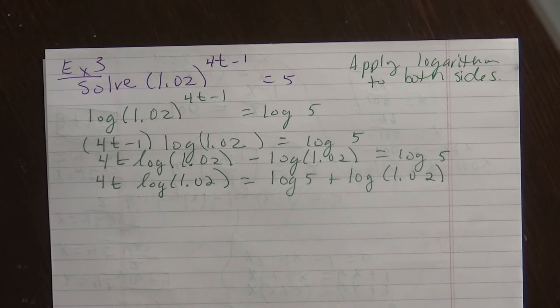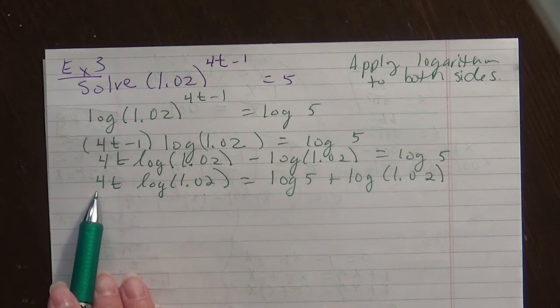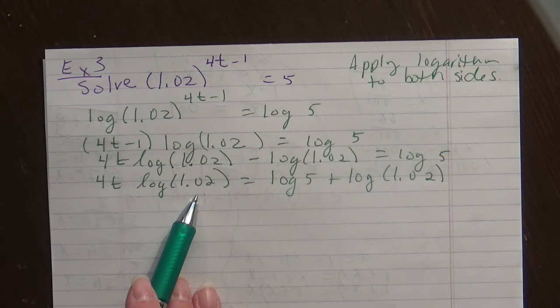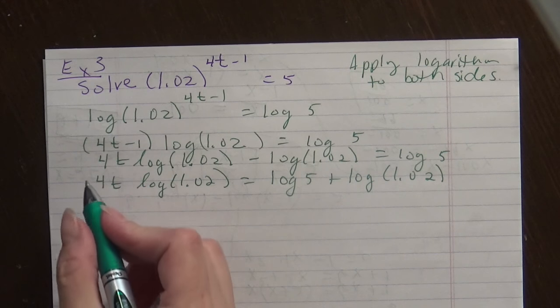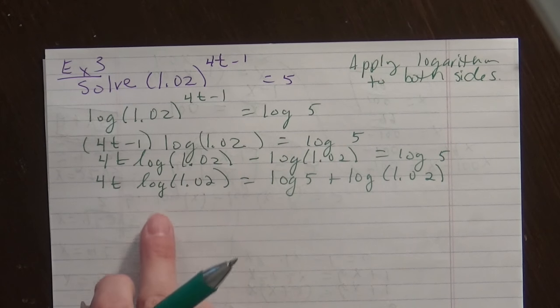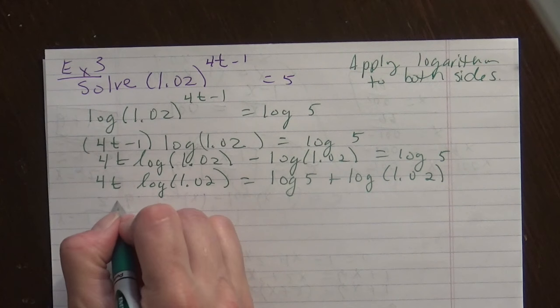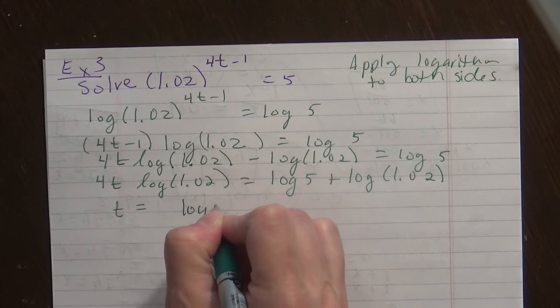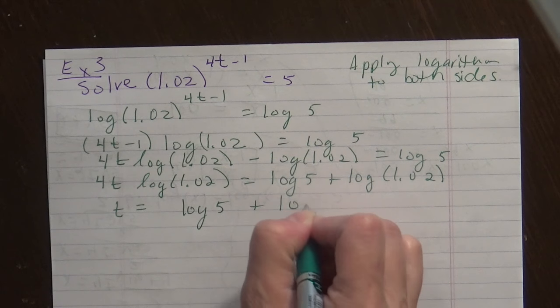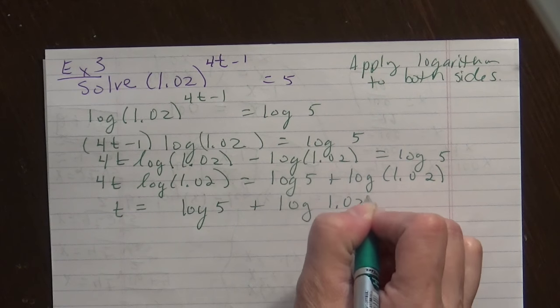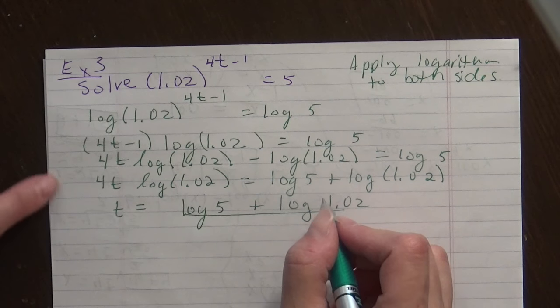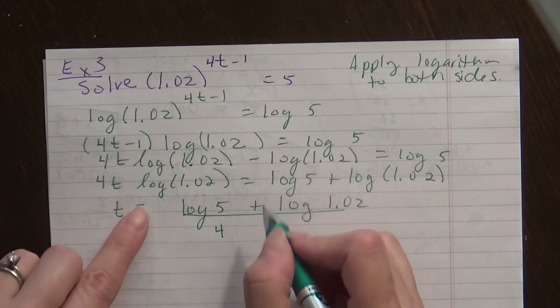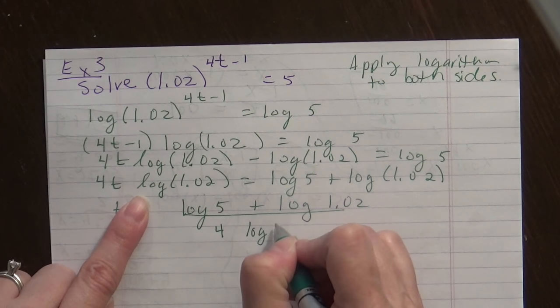And I'm almost done. I can get t by itself if I just divide both sides by the 4 and the log of 1.02. So I'm going to divide both sides by 4 times log 1.02. That will give me t equals all this on the top over this 4 and this log 1.02.